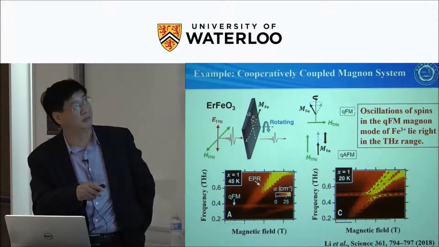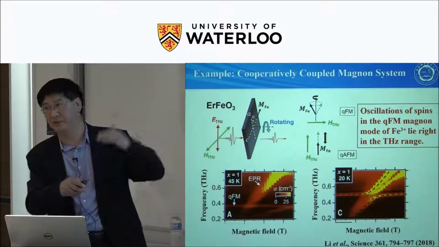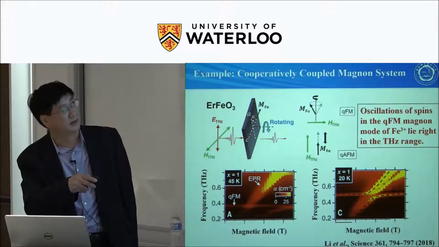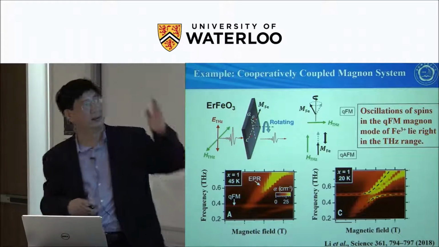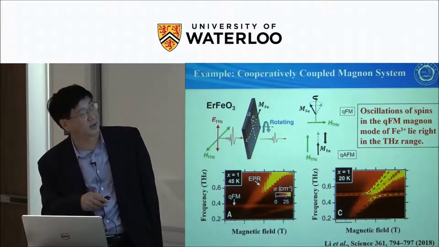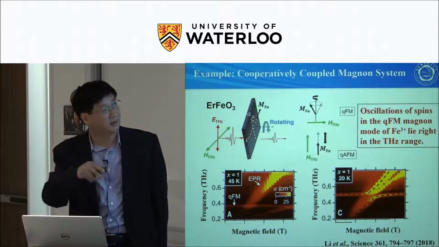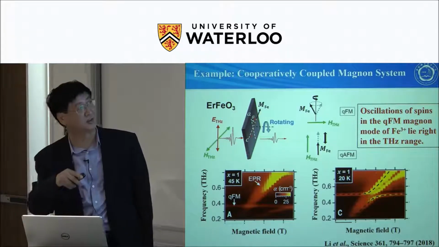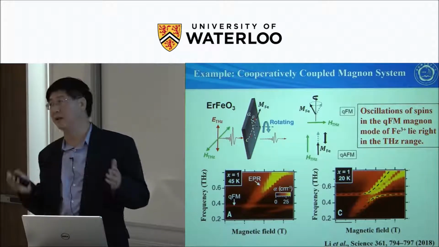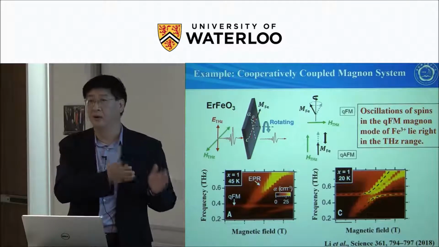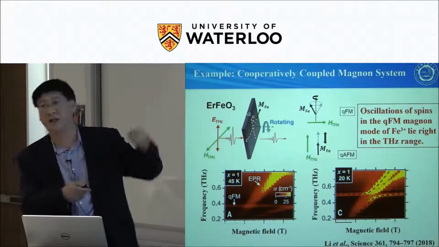One is the QFM mode, which means the terahertz magnetic field direction is perpendicular to the spin directions. The other is parallel to the spin directions, so we have a QFM mode and a QAFM mode. Then we find that this oscillation of the spins is right in this terahertz frequency range. This just gives you an example, okay? If we want to study what really happens, we need this kind of tools.